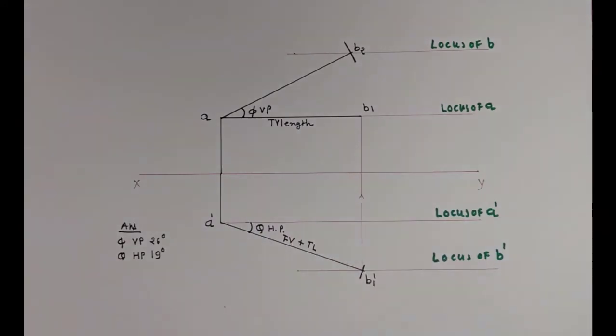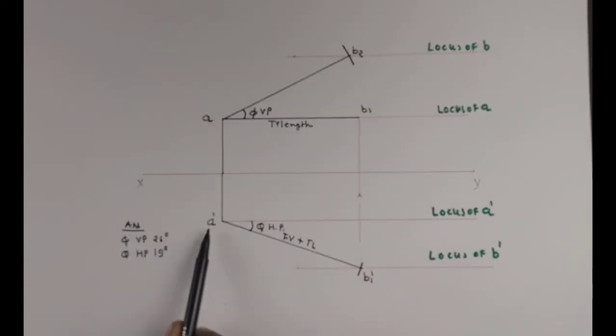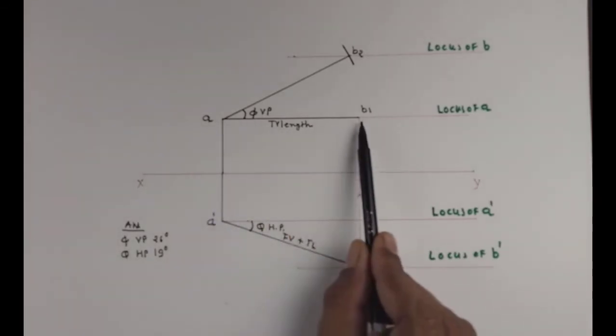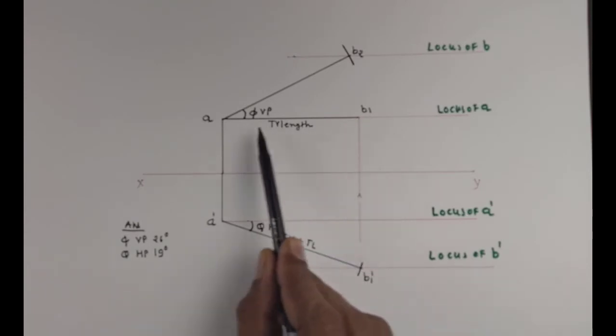So here understand, when your line is inclined to HP, the elevation is true length, but the plan, the top view, is parallel to XY with top view length.